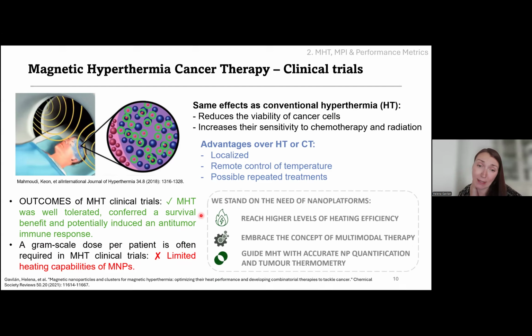So the German company in charge of these clinical trials stated that there is a need for new nanoparticles that reach higher levels of heating efficiency, embrace the concept of multimodal therapy, and guide magnetic hyperthermia with accurate nanoparticle quantification and tumor thermometry. That is where MPI plays a role and solves some of the problems that magnetic hyperthermia clinical trials had.